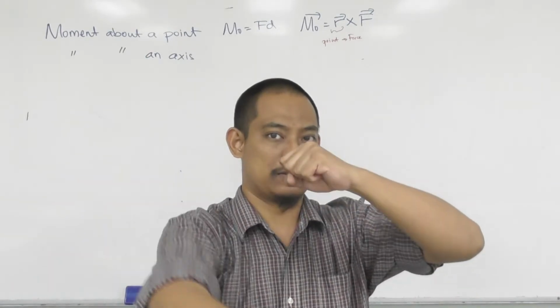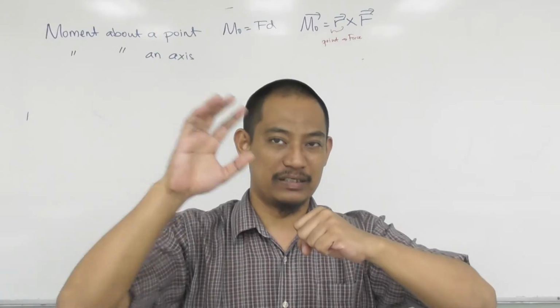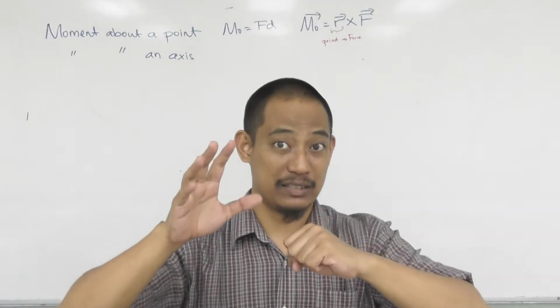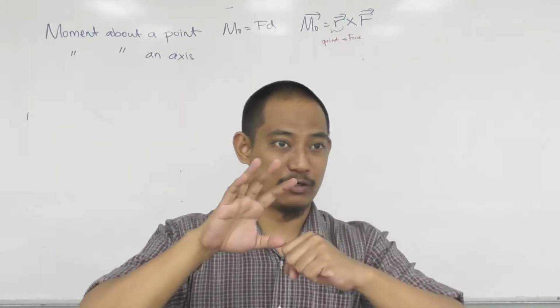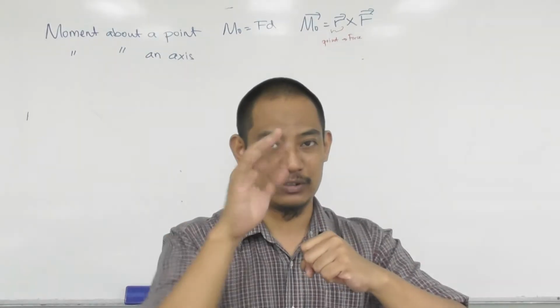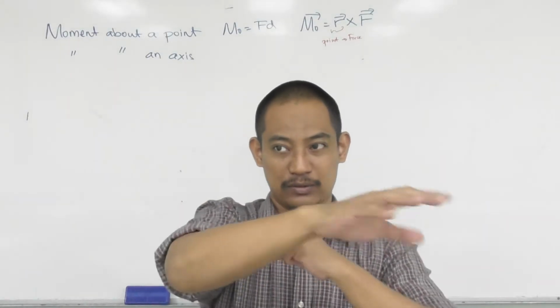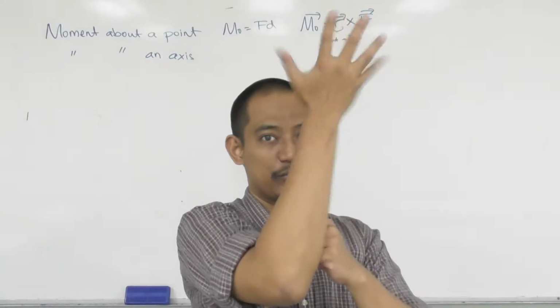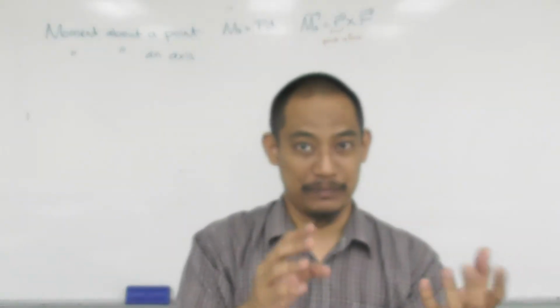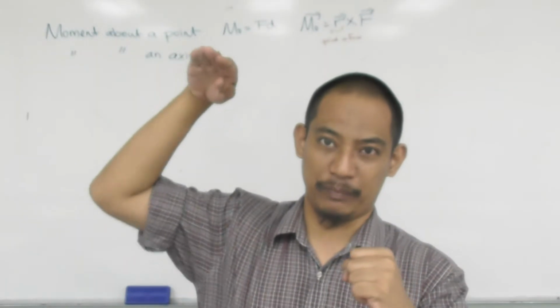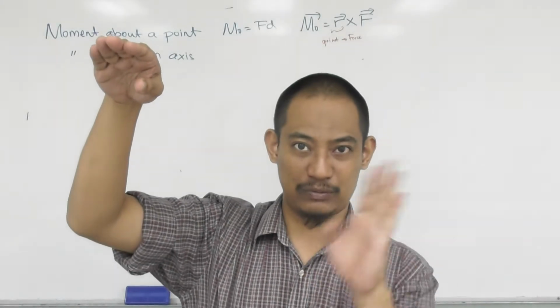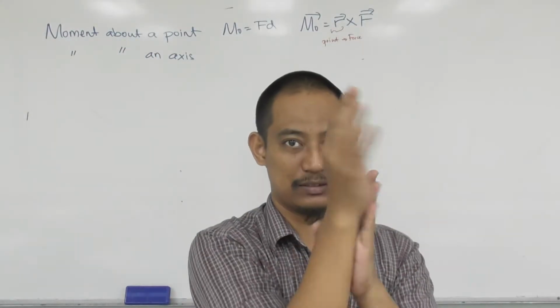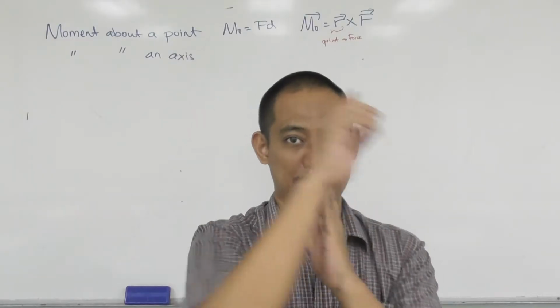It actually has i, j, k, meaning three components of rotation, x, y, and z, a combination. But if you apply force here and it can only rotate this way, it is about the z-axis.